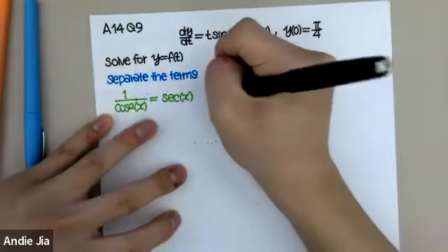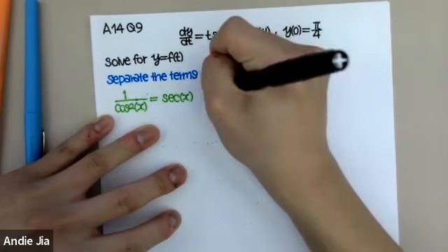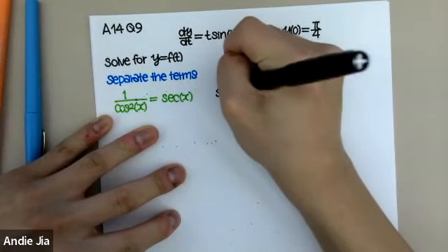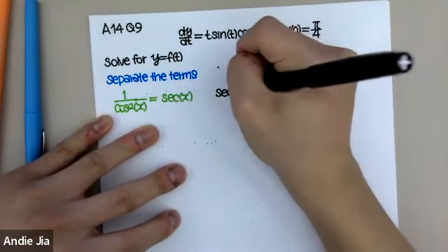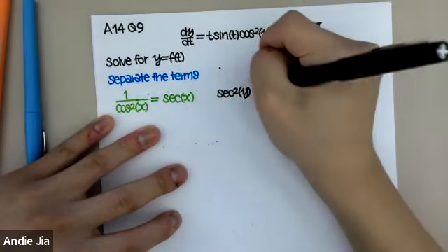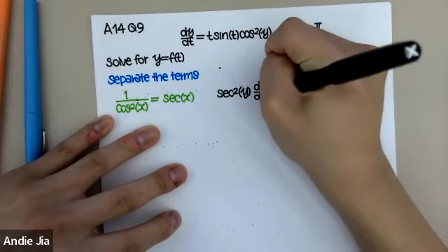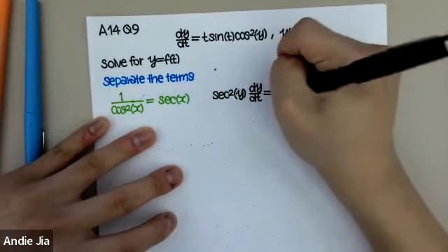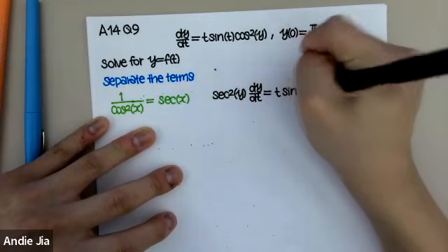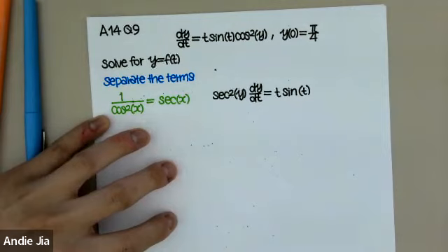So we have secant squared of y times dy/dt equals t sine t on the right side.